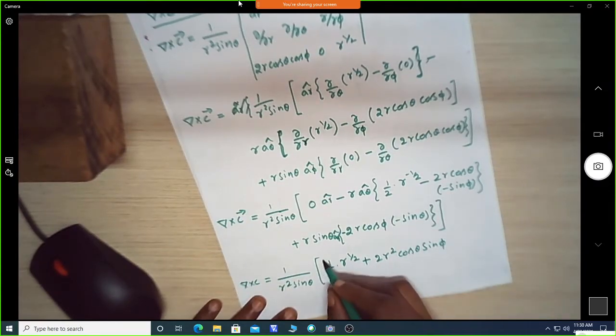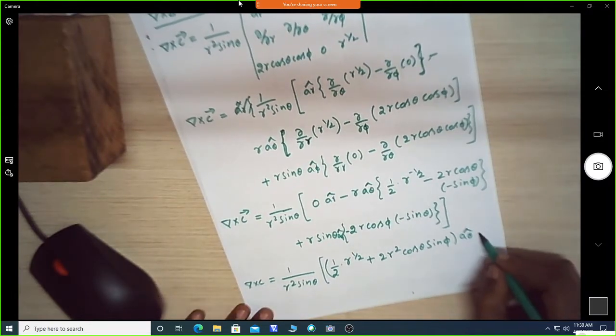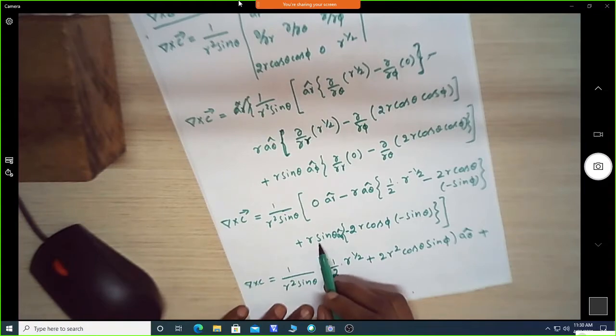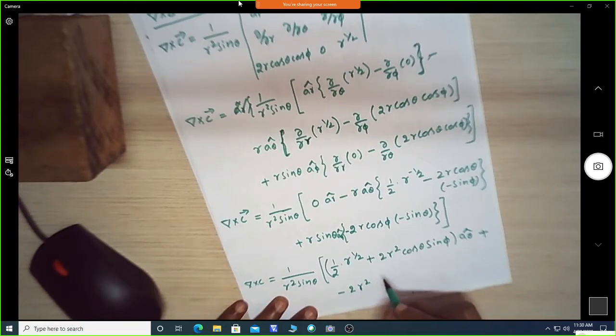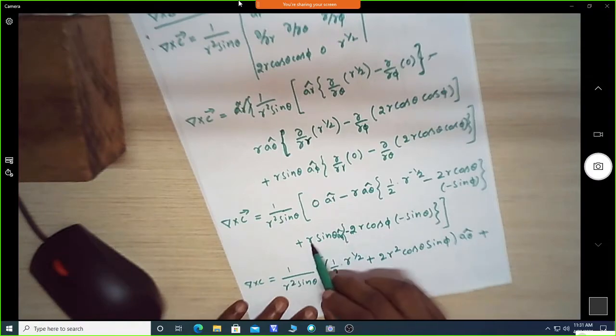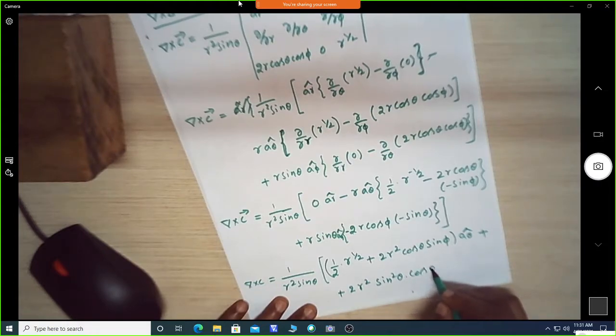This will be in the direction of theta. Plus, this r sin theta if you multiply, we will get minus 2r square, so again minus into minus becomes plus 2r into r, 2r square, sin theta into sin theta, sin square theta into cos phi. This is in the phi direction.